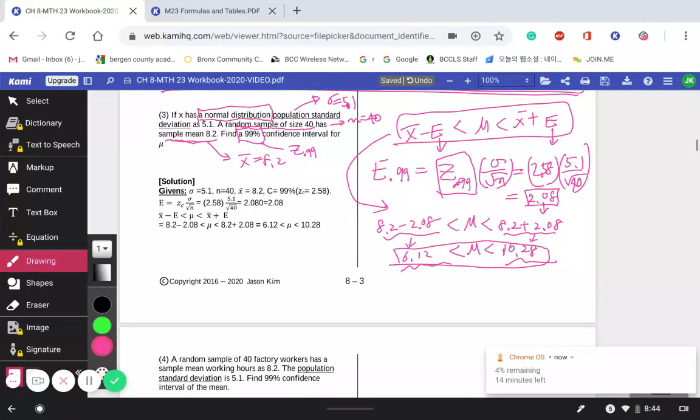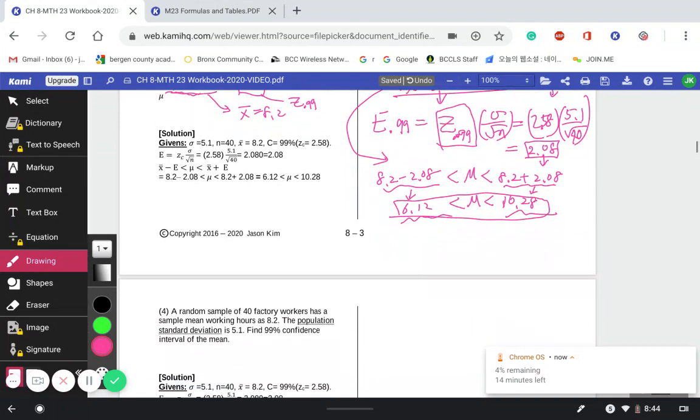Now, again, it's the same question in a different format. The random sample of 40 factory workers has a sample mean working hours of 8.2. So random sample gives you the size, so n equals 40 here. And the sample mean value is 8.2, that means x bar equals 8.2.